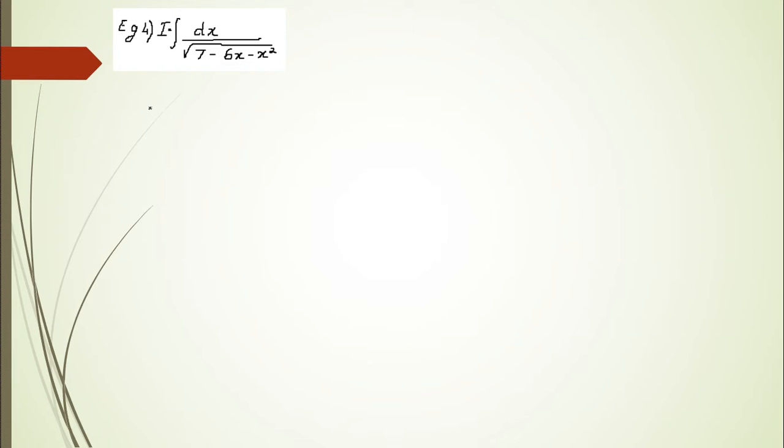Now here I have got I is equal to integral dx divided by whole root of 7 minus 6x minus x square. Now I'll continue this. Now the coefficient of x square is already 1, so I don't need to make any changes that side.